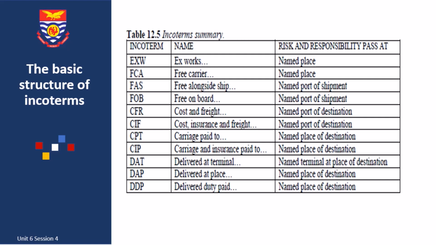However, the free alongside ship can only be used for sea or inland waterway traffic. The goods must be delivered to the berth or quay alongside a shipping vessel nominated by the buyer or his agent. The buyer takes on the responsibility for getting the goods from the quay side to the vessel, plus all costs and risks after that point. Again, if the buyer cannot carry out export formalities, the FCA, which is free carrier, may be used.